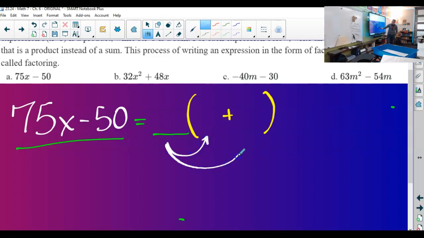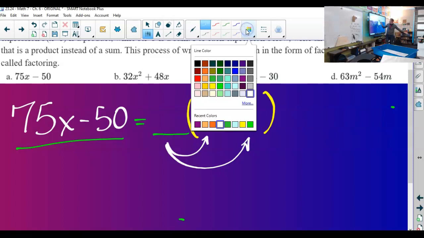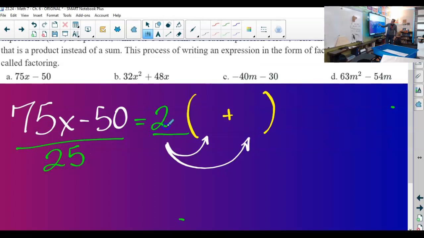We're saying at some point there was a distributive property that got us here. What is the thing they could have used to multiply by to get both 50 and 75? The common thing, which here is 25. So they can both divide by 25, making 25 our common factor.